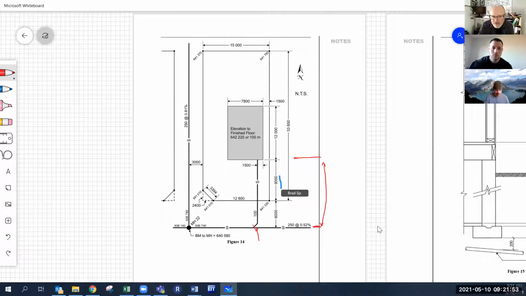That's 9,000 plus 6,000 is how much, Brad? 15 meters. 15 meters is our run of our building sewer. But because we actually have an invert here, that's our building sewer. You see what we have, an invert right here. Do you see that? The 636740.